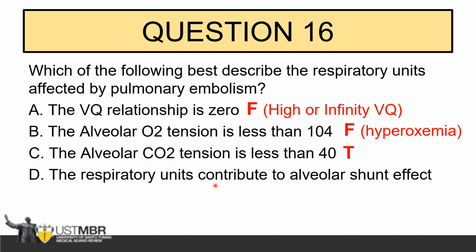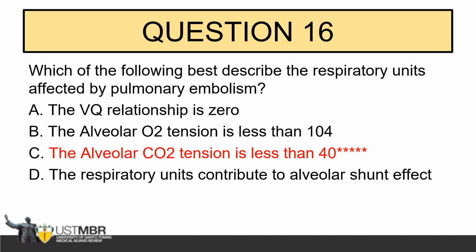The respiratory units contribute to alveolar shunt effect? We only see alveolar shunt effect in a low V/Q relationship, so that is false. A high or infinity V/Q gives rise to alveolar dead space. So the correct answer is C. The alveolar CO2 tension is less than 40.